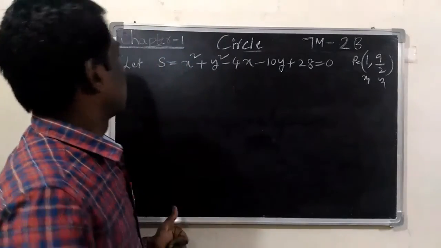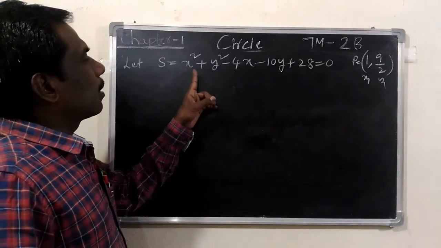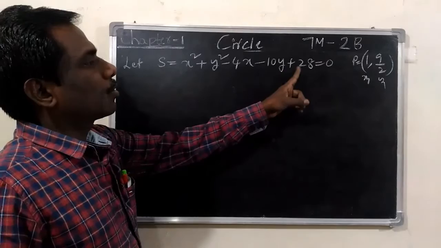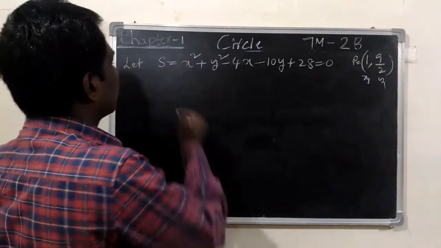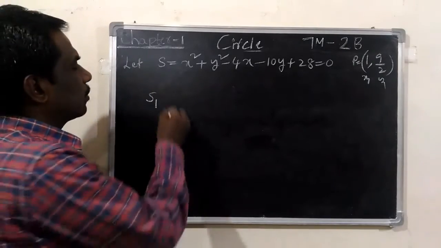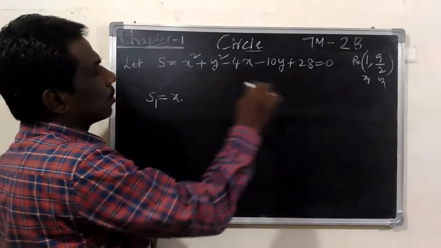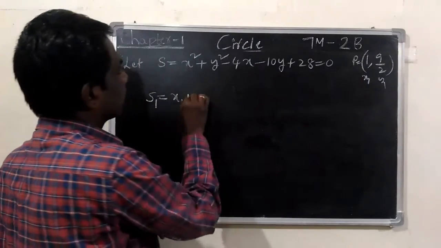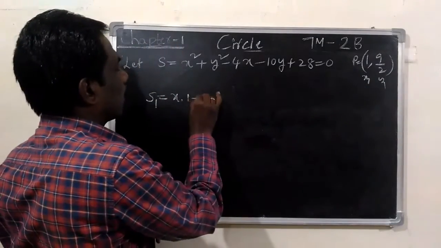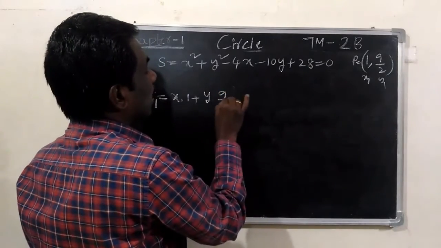Yes. See, S is equal to, I have taken, x square plus y square minus 4x minus 10y plus 28 equal to 0. Next we find S1. What is the S1 formula? x into x1. X into x1 is what? 1. This P value is (x1, y1). Plus y into y1. y1 is 9 by 2.